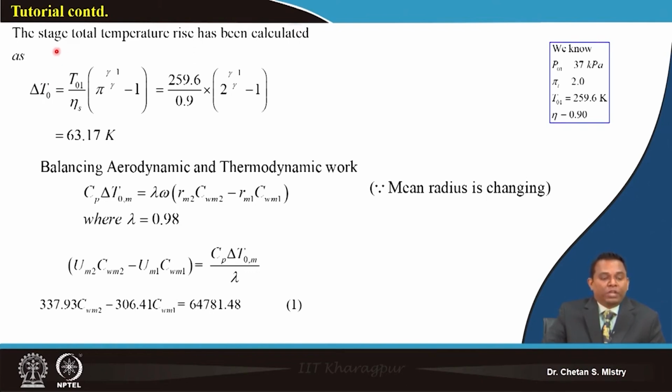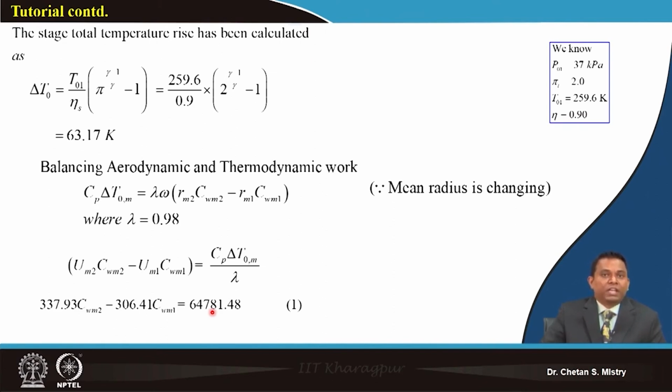We will be calculating our delta T0 at that mid station, which comes to 63.17 Kelvin. If we compare our aerodynamic work and thermodynamic work, assuming work done factor to be 0.98, we will get some distribution of my whirl components Cw2 and Cw1. This is what I am writing as equation 1.